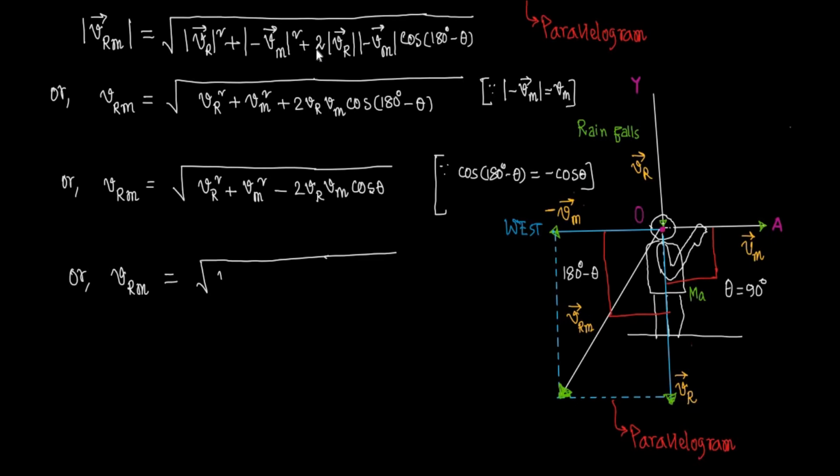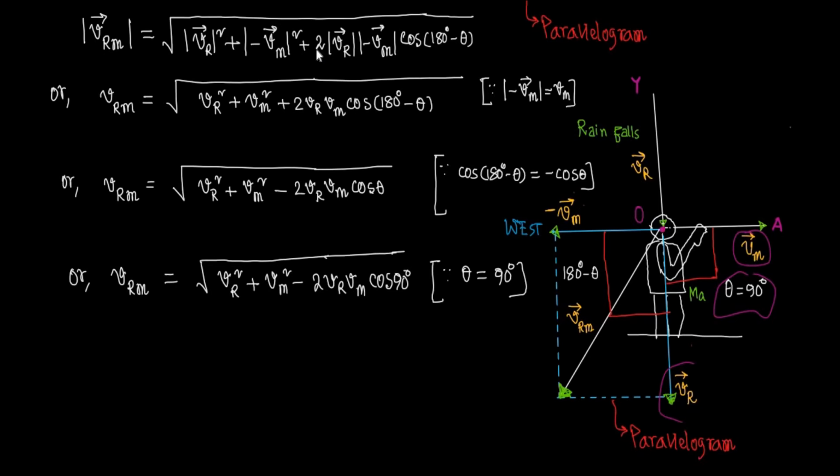So VRM is equal to root over Vr square plus Vm square minus 2 Vm cos 90 degree, where theta, that is the angle between vector Vm and vector Vr, is 90 degree.